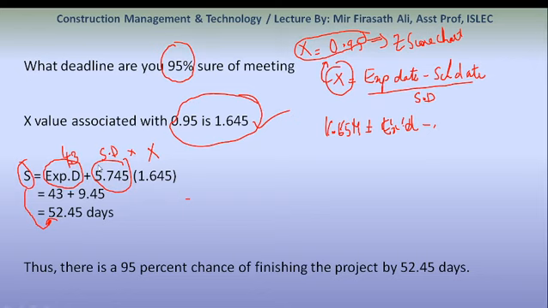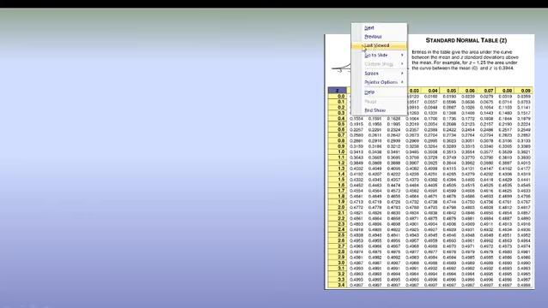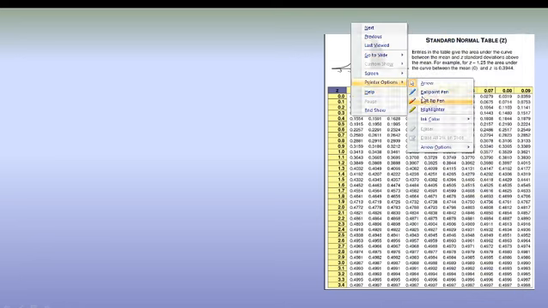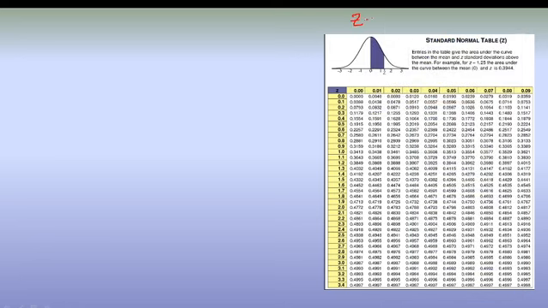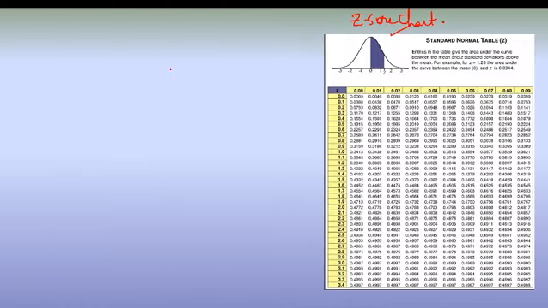Let us see a sample Z score chart. This is the standard normal table, and we call it the Z score chart. Earlier in the last problem, there was a 95% surety they asked us.